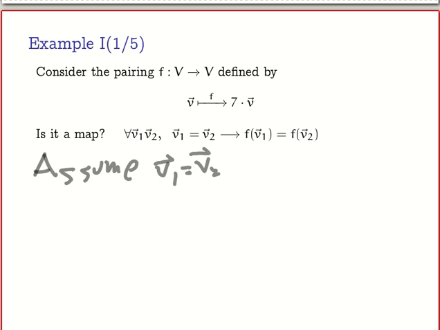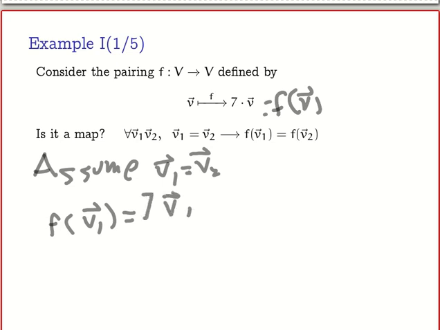Well, if this is true, let's start off by considering f of v1. According to the pairing, that's equal to 7 times v1.